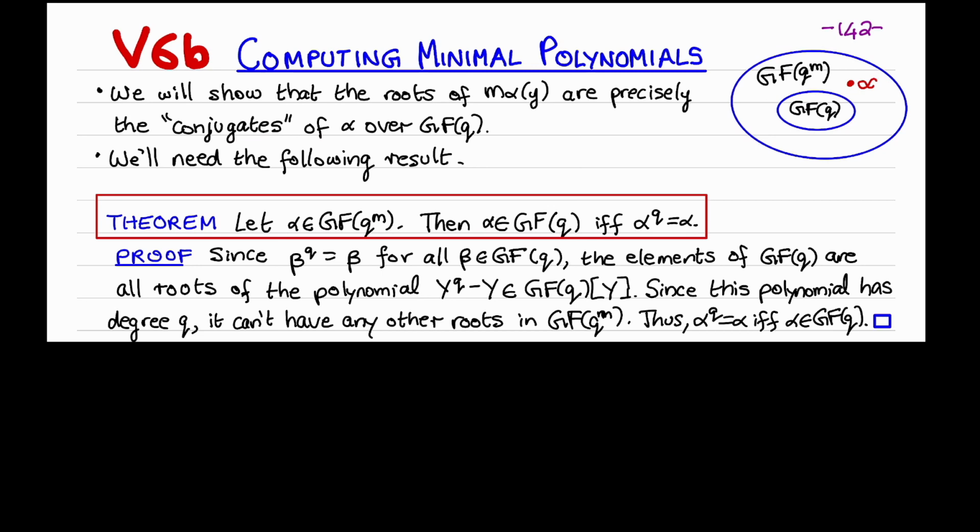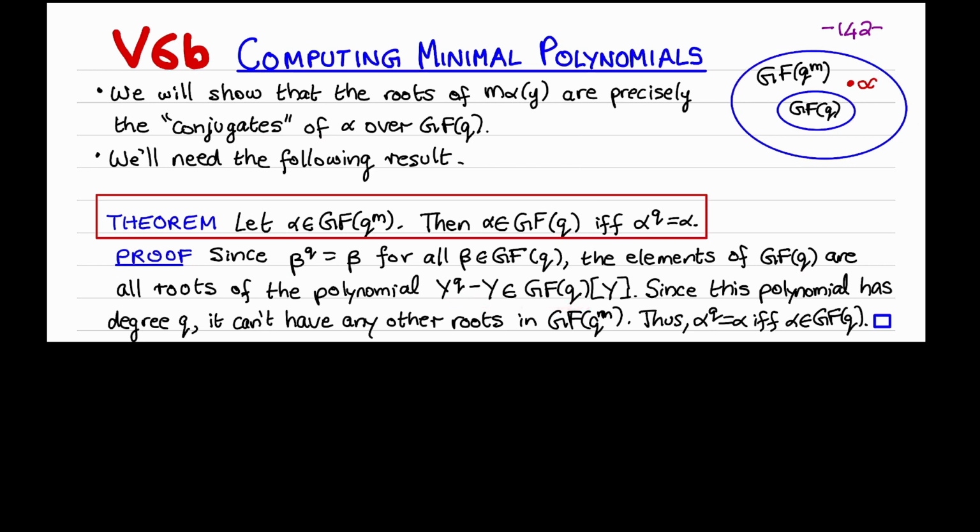Here's the proof. Recall from the corollary to Fermat's little theorem that beta to the q equals beta for all elements beta in GF(q). And hence the q elements in GF(q) are all roots of the polynomial y to the q minus y. We're considering this degree q polynomial to have coefficients in GF(q).